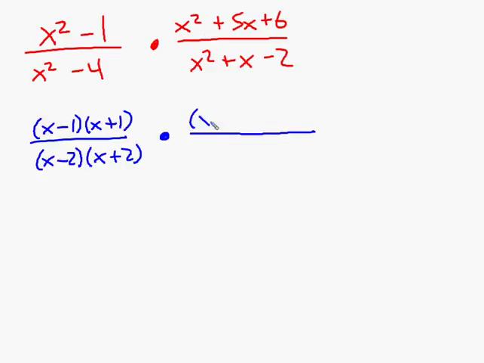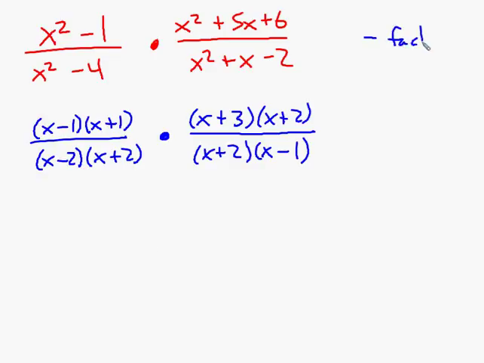Factor our numerator on the next fraction. And this fraction. So we're going to factor. We are then going to cancel, and then we'll multiply or divide, whichever we are doing.